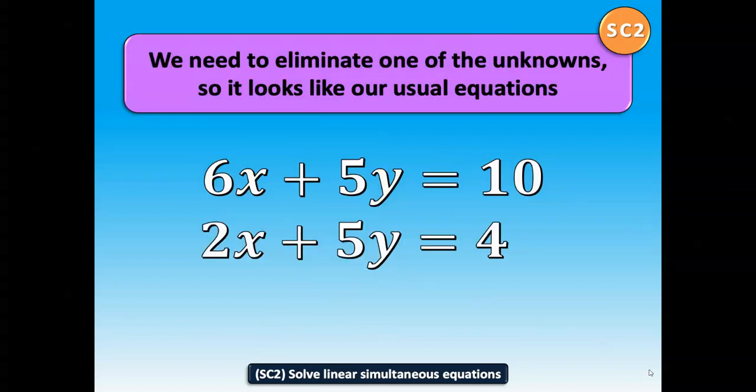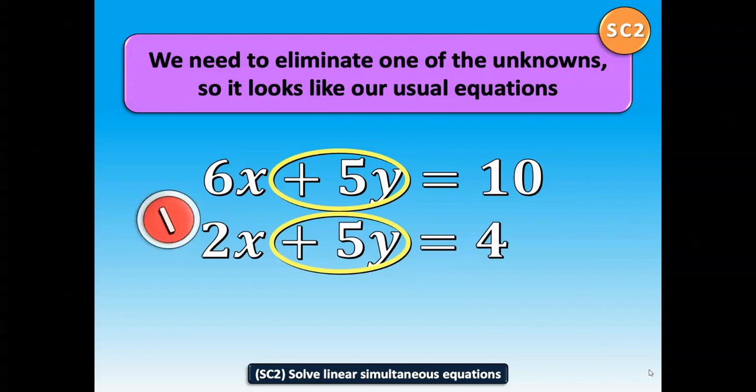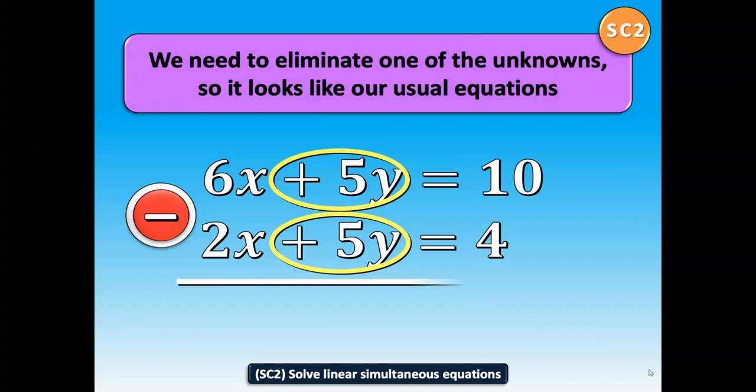So to solve a simultaneous equation, I need to eliminate one of the letters. I do this by looking at which letters have the same coefficient, and I either subtract them or add them together, whichever gets rid of them. So in this case, I would subtract one equation from the other.